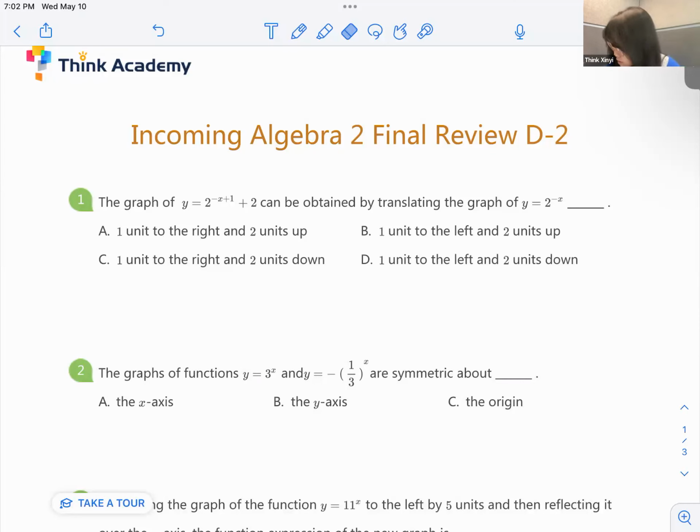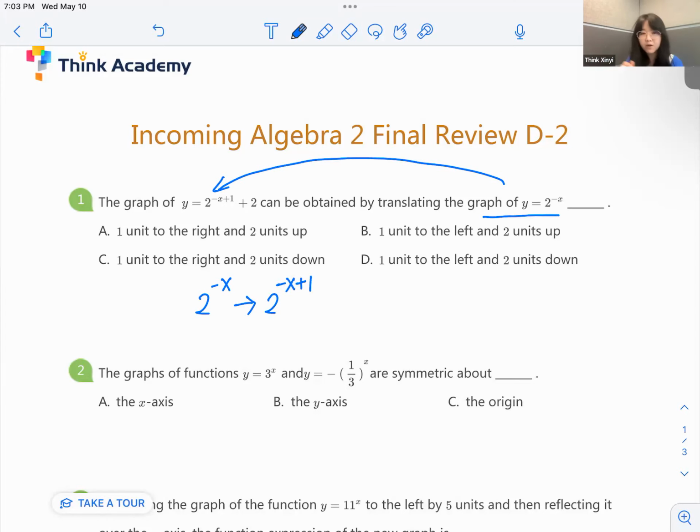Okay. So first we know that the original function is y equals 2 to the power of negative x. And we want to get to this one. So let's first see, if we want to go from 2 to the negative x to 2 to the negative x plus 1, this is about moving right or left, right?